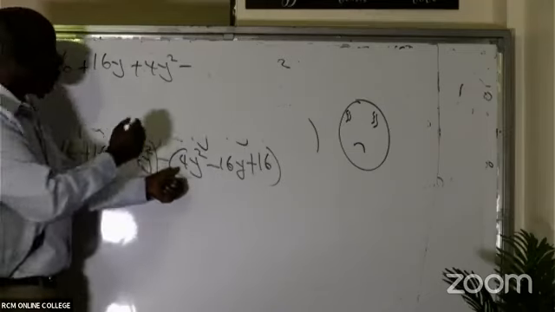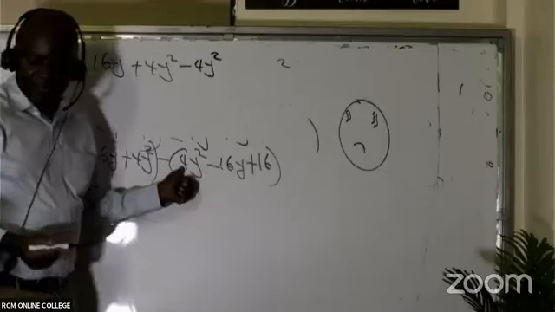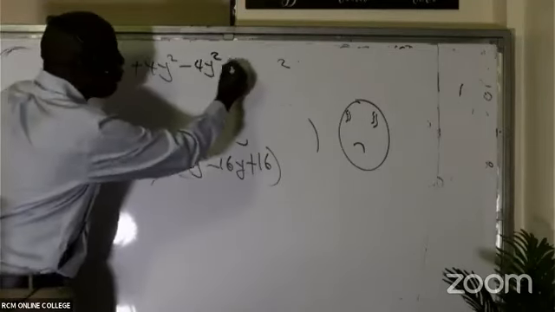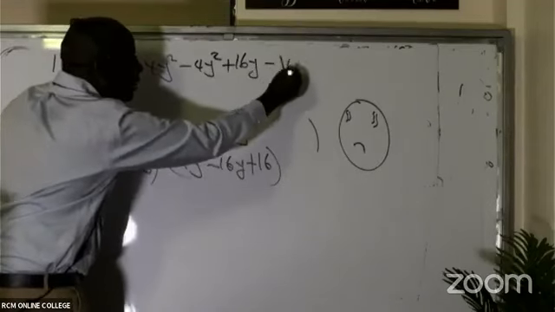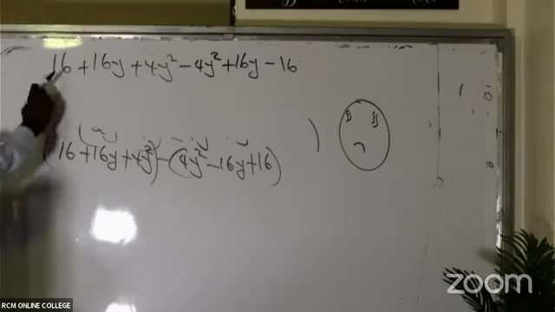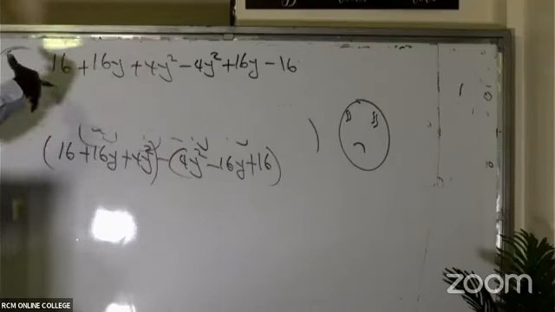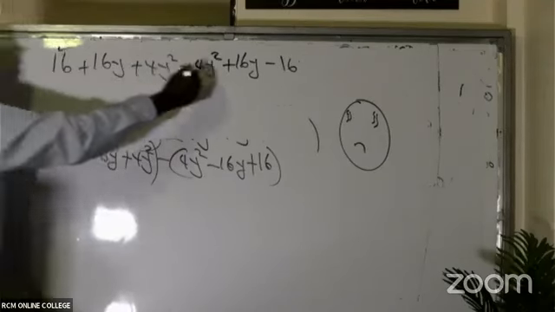So we have minus 4y squared. The 16y was negative initially, so now it becomes positive 16y. This becomes negative 16. If you are a serious ninja, you don't have to start rearranging. A good ninja should be able to do a high range kick, and see that these are like terms.